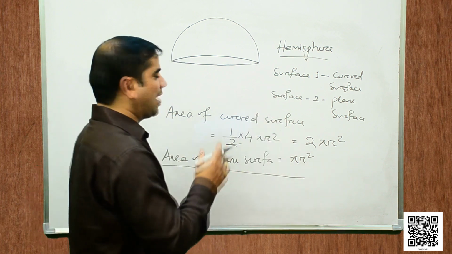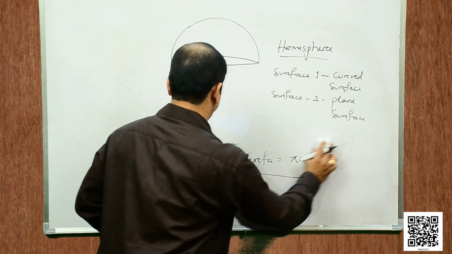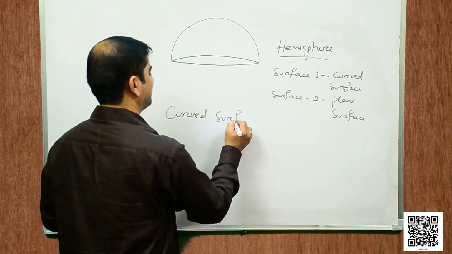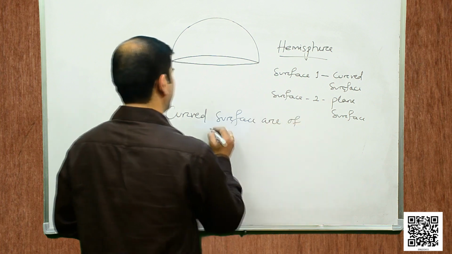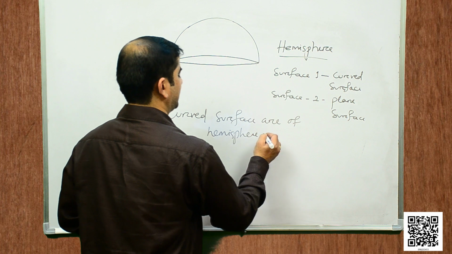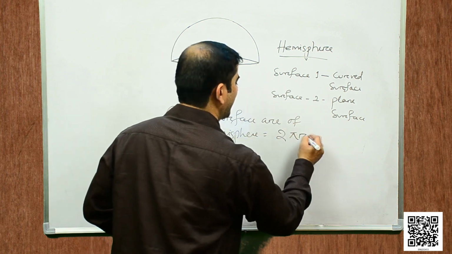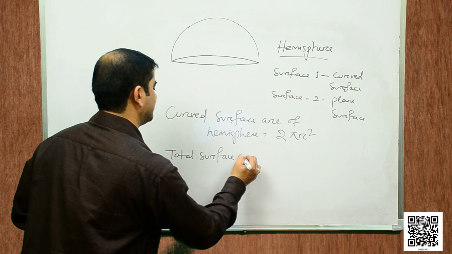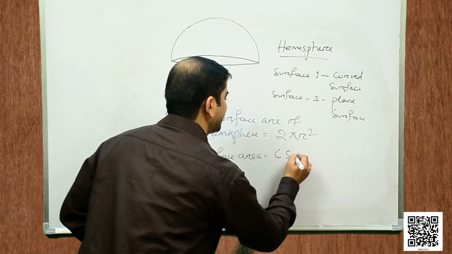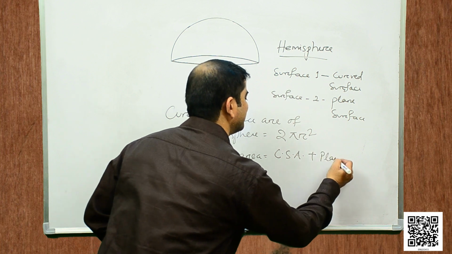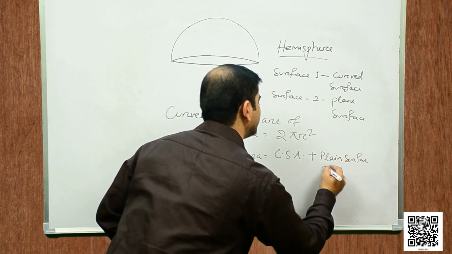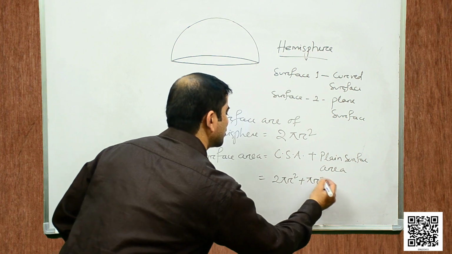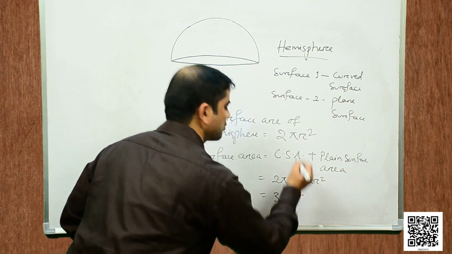So, we can write it down like this. Curved surface area of hemisphere is equal to 2 pi r square, okay, and total surface area, that means curved surface area plus plane surface area, is equal to 2 pi r square plus pi r square, that is equal to 3 pi r square.